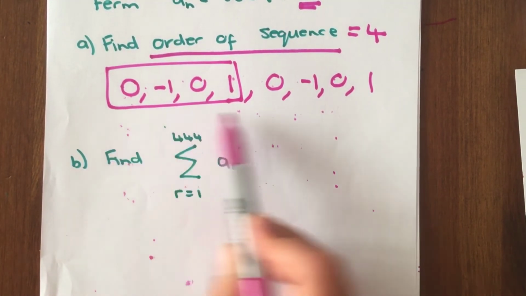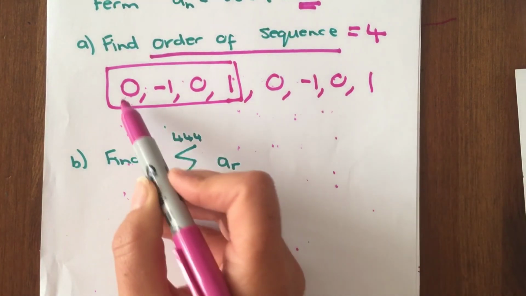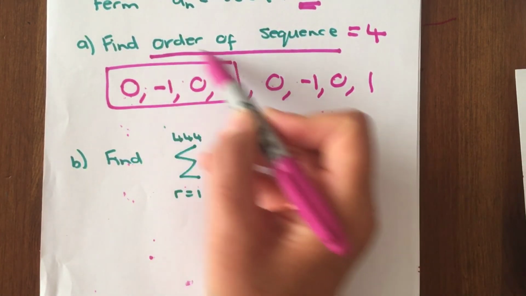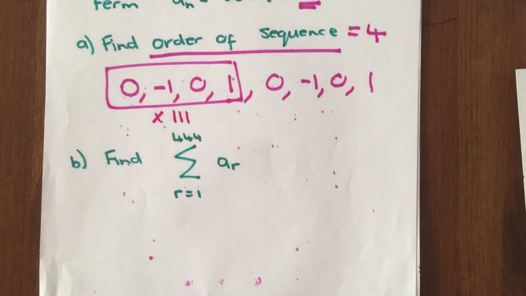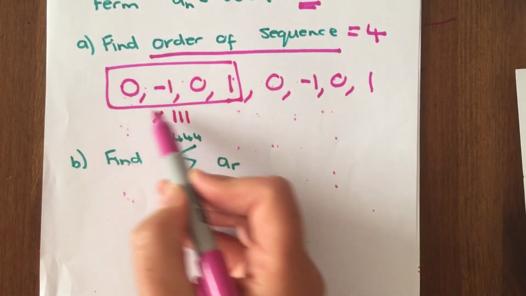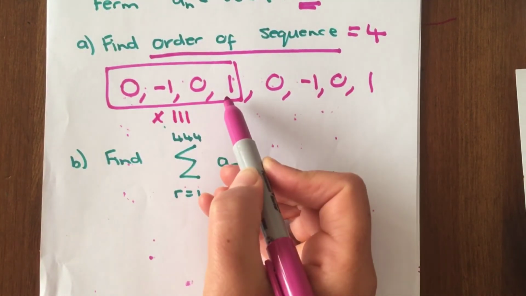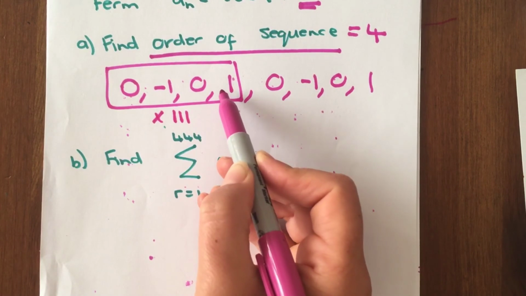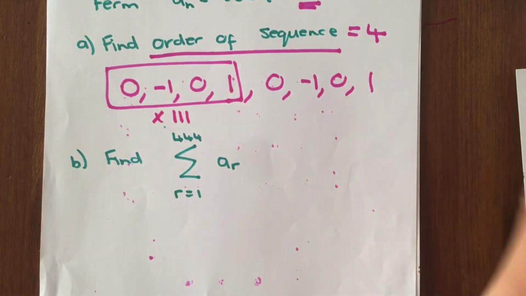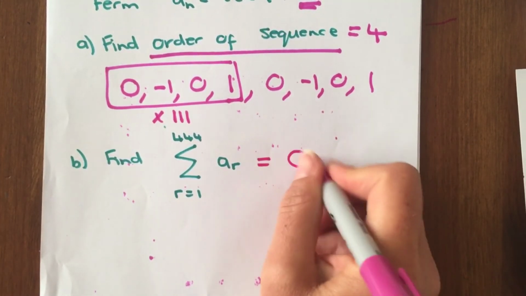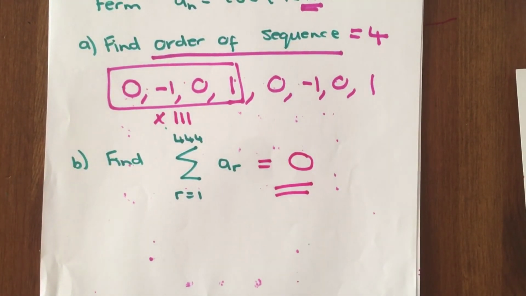So if you've got 444 terms, you've got this sequence repeating 111 times, a quarter of 444. The total of each block is 0, because it all cancels out. So you've got 0, 111 times. So the answer is just 0.